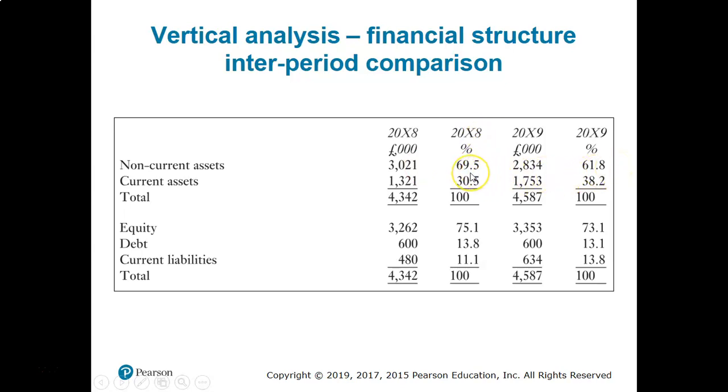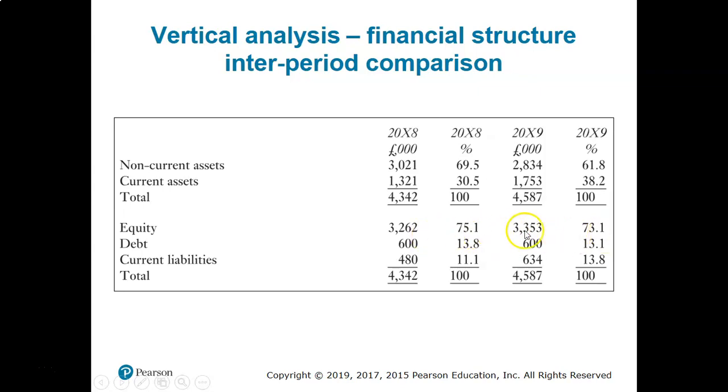In 2018, it was 69.5, and in 2019, we can see 61.8. So we can see what percentage a particular asset and liability represents in the specific financial year. And at the same time, we can compare between the years.